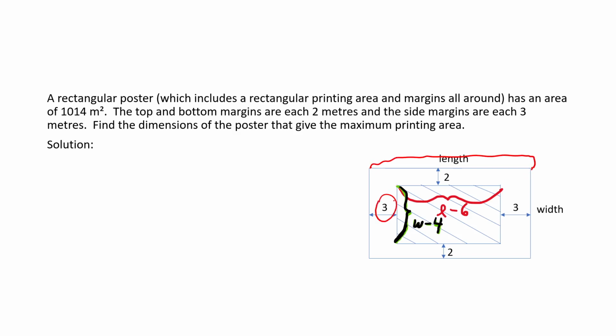Since we have margins of 3 on the left and right, the length of the printing area will be L minus 6. And W refers to this overall width. So since we have margins of 2 and 2, the width of the interior rectangle will be W minus 4.